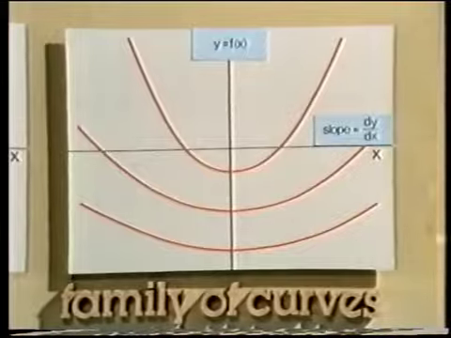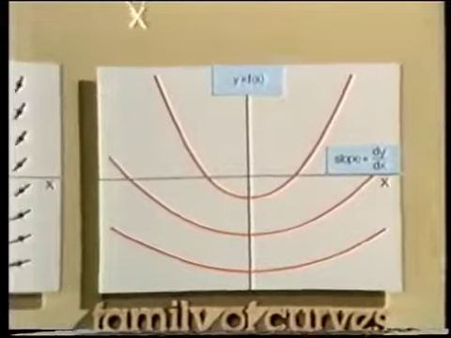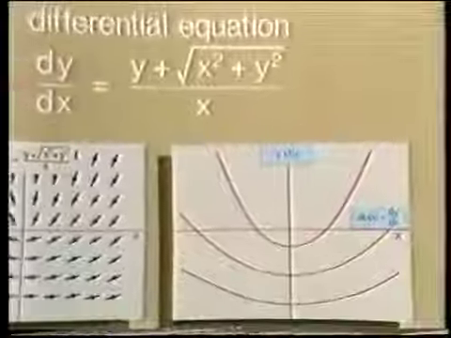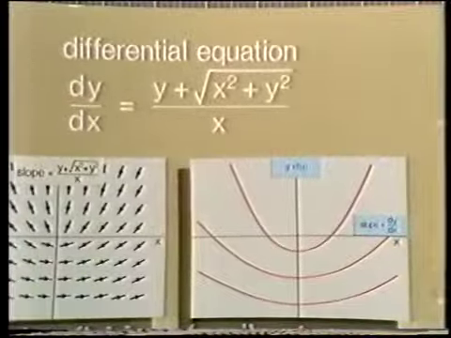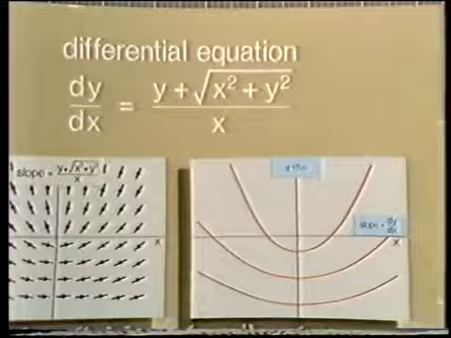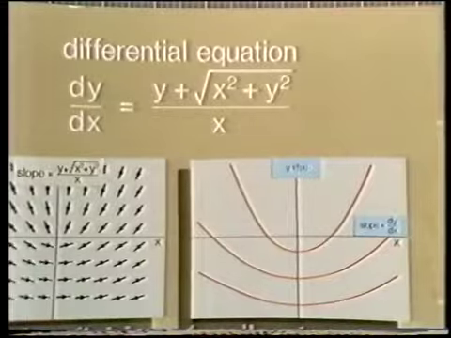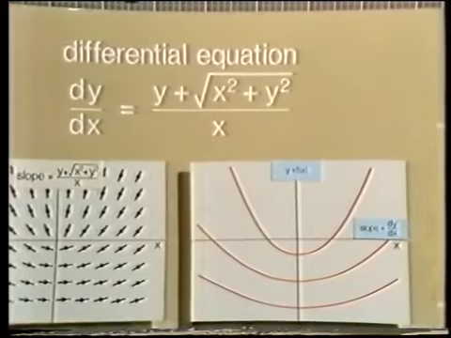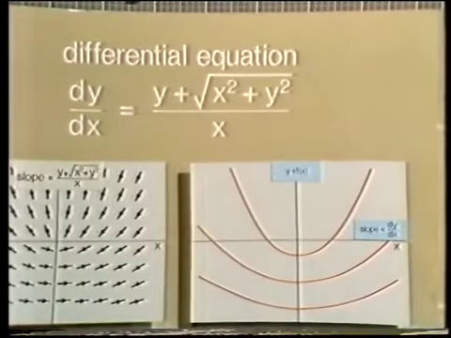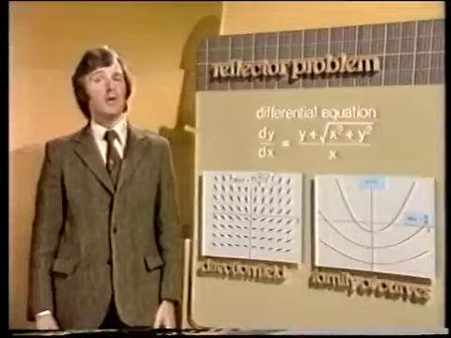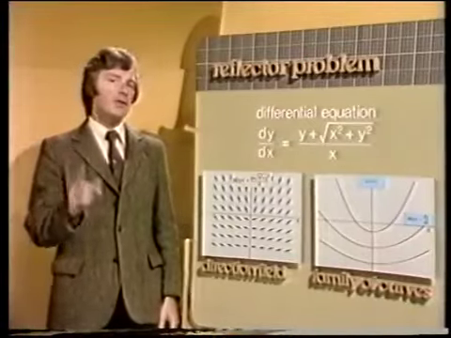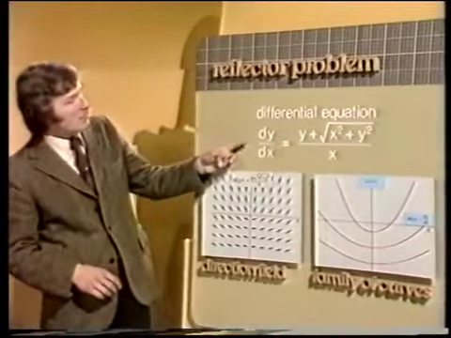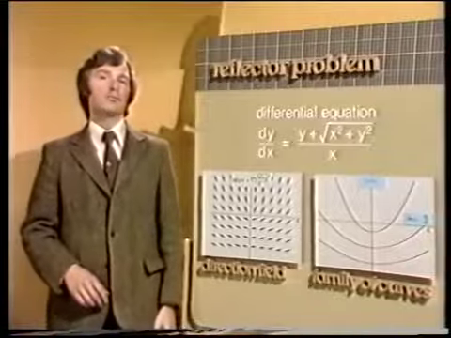Now, in that case, you have a relation between the derivative, dy by dx, and y and x. And this is a differential equation. Any function that relates values of x and y in a way that satisfies this relationship is a solution to the differential equation. And in general, there will be infinitely many different functions that satisfy the same differential equation.